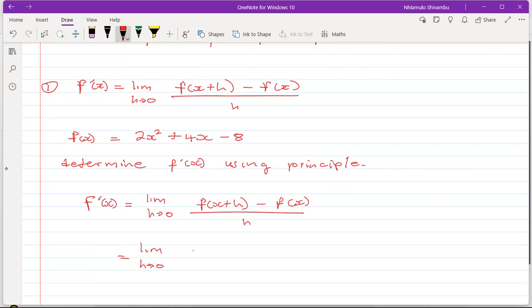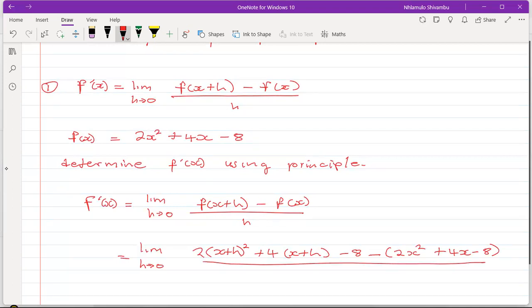So this will be 2, instead of writing x, we write x plus h, and then we square it, plus 4, and when there is x, we put x plus h, and then minus 8. That is f of x plus h. Then we subtract the f of x, which is a known function, equals 2x squared plus 4x minus 8. Divided by the h.